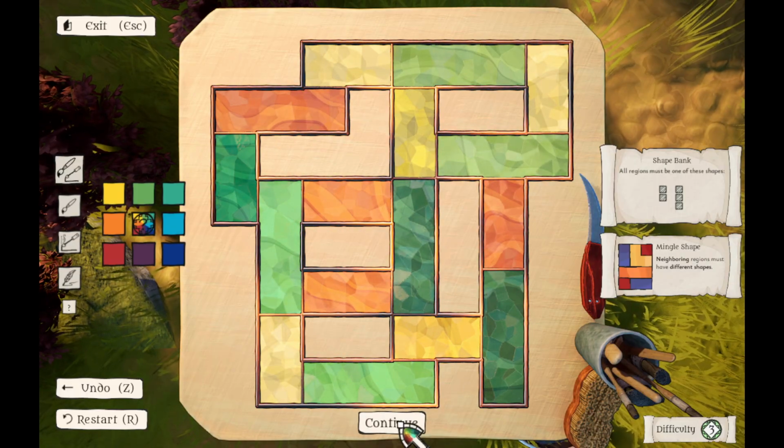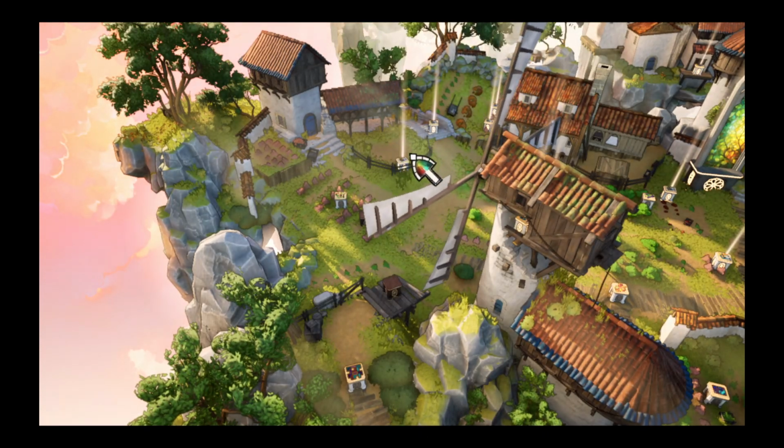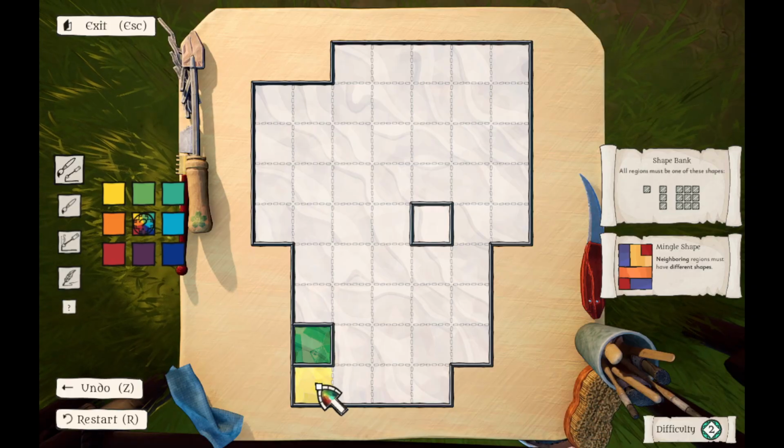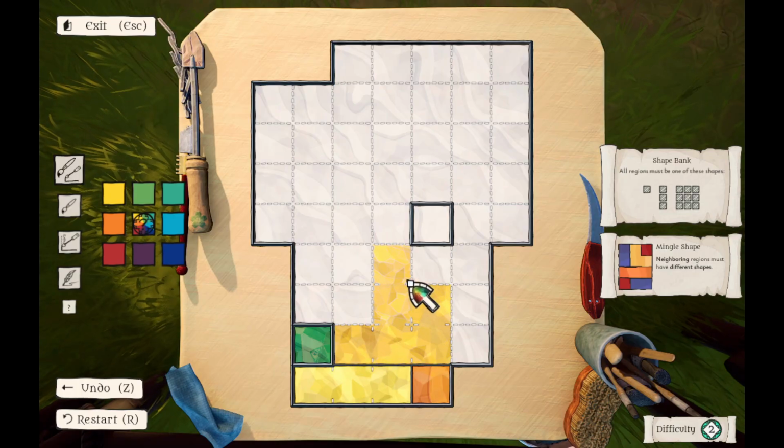Yeah. And that is forced. That has to be a 1 as well. That has to be a 3 by 3.